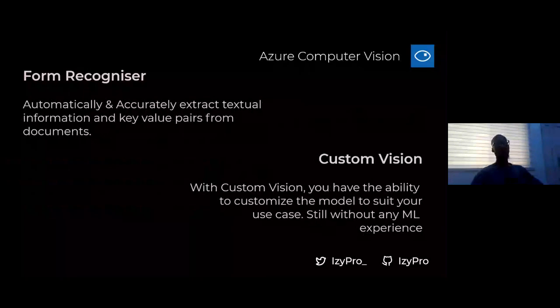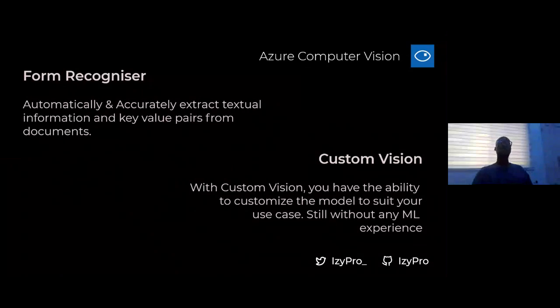Let's move on to the form recognizer. What form recognizer does is extract textual information from documents. Any document you feed into it, it can extract the data accurately and give it back to you.